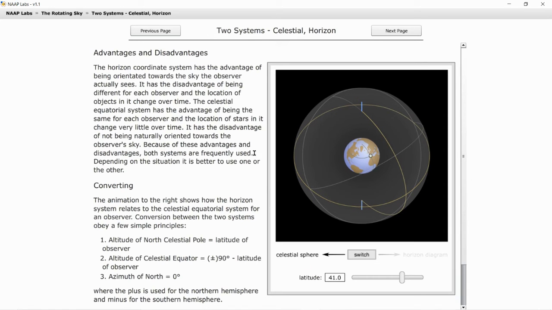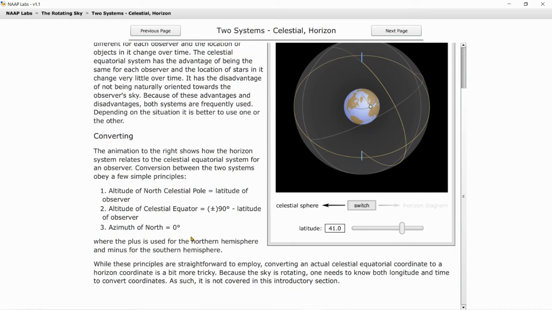The animation to the right shows how the horizon system relates to the celestial equatorial system for the observer. Conversion between the two systems obeys a few simple principles: altitude of the north celestial pole equals latitude of the observer, altitude of the celestial equator equals 90 degrees minus latitude of the observer, and azimuth of north is always 0.